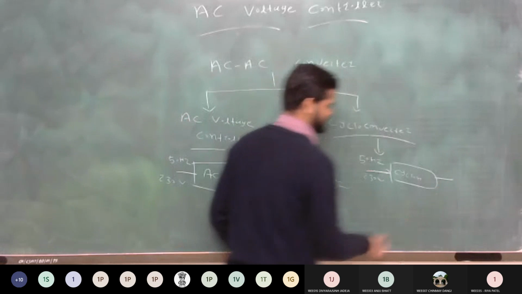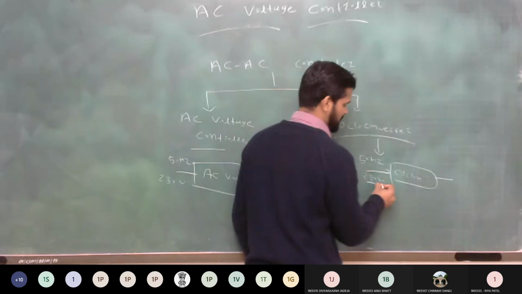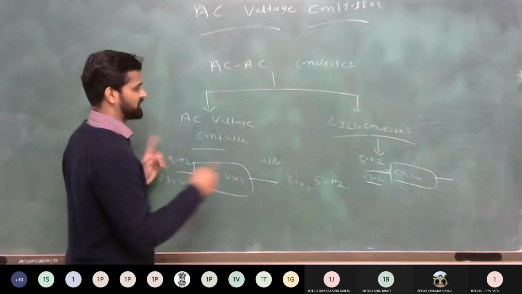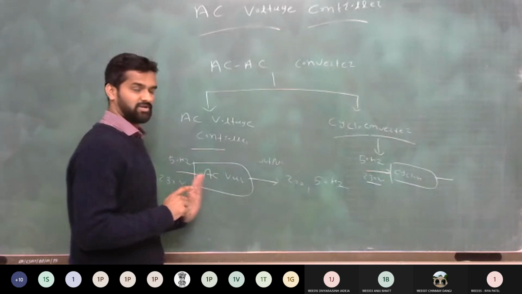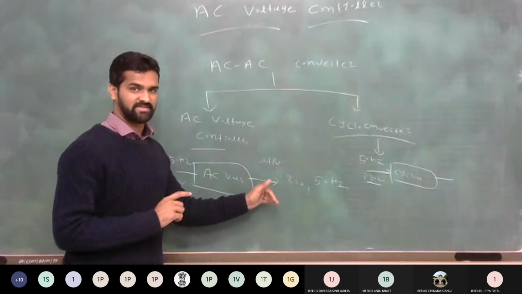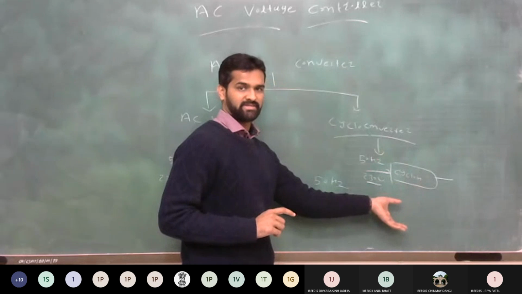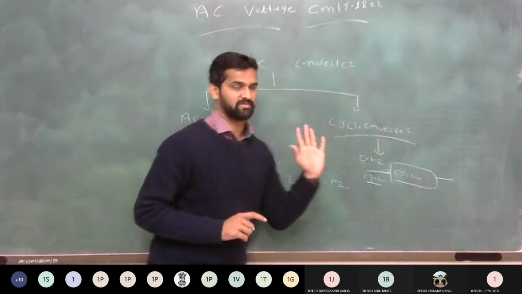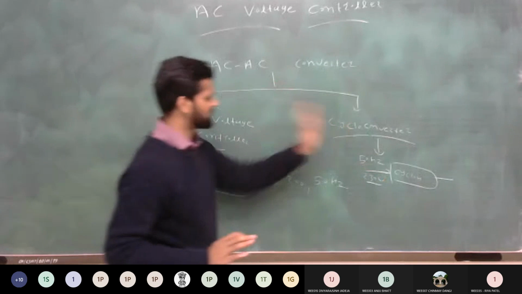So your output frequency is more or less than the supply frequency, and that also controls the output voltage. So that is the difference between these two AC to AC converters. AC voltage controller just controls the magnitude of output voltage without changing the frequency, whereas cyclo converter controls the magnitude of voltage as well as changes the output frequency. Clear? I think all of you understand this difference between AC voltage controller and cyclo converter.